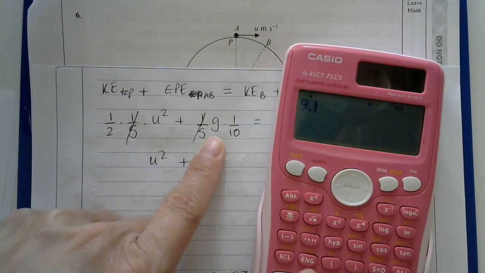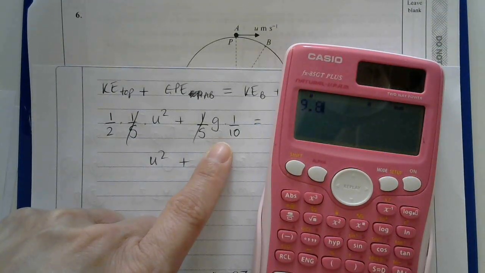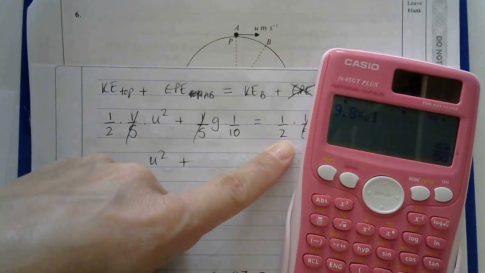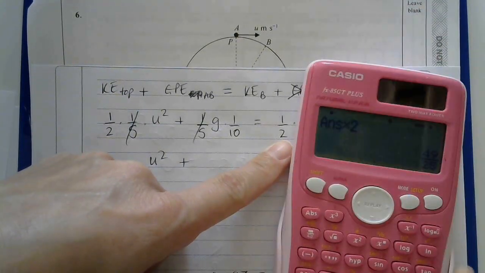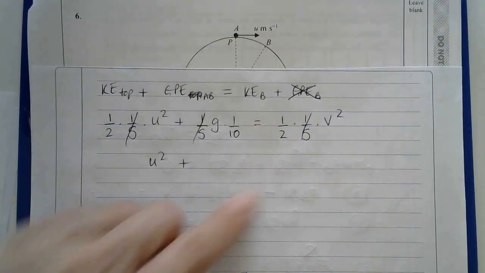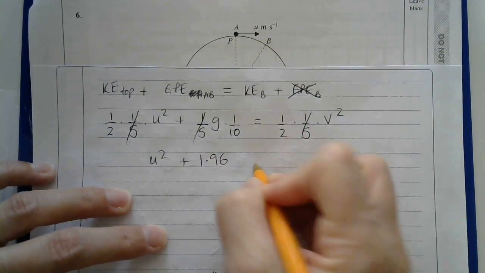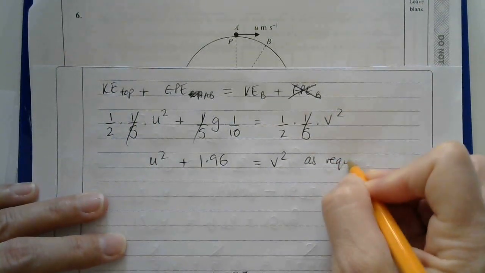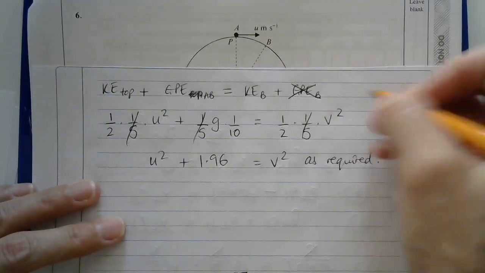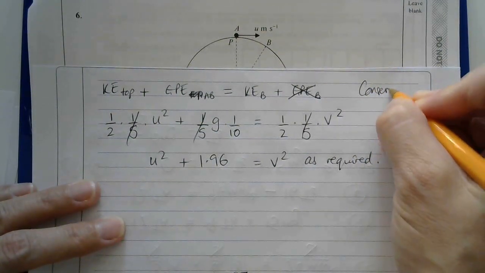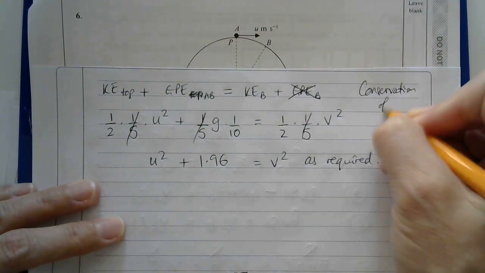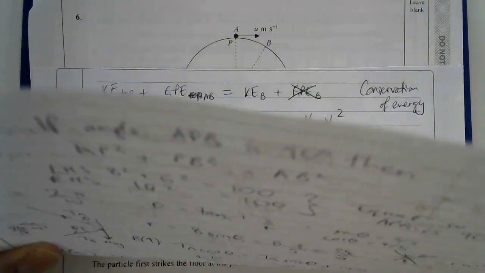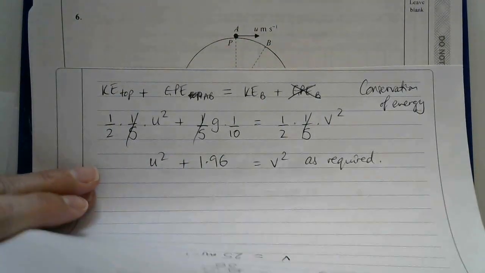So I'm going to have g, 9.8, times 0.1 or times 1/10, and then I'm doubling it, and so I will end up with 1.96, and that will equal v squared as required. And this is conservation of energy. Okay, and so that will get you your first 3 marks.